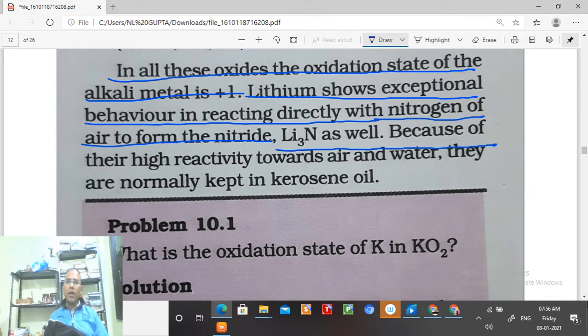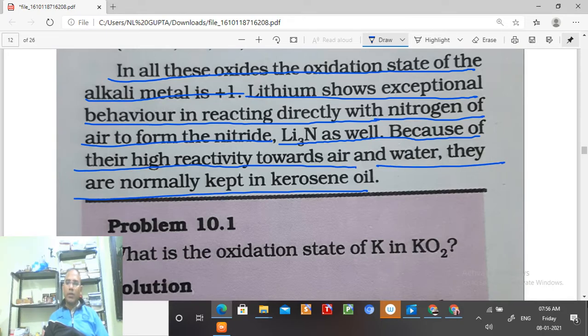Because of their high reactivity towards air and water, they are normally kept in kerosene oil. What is the meaning of this, student?